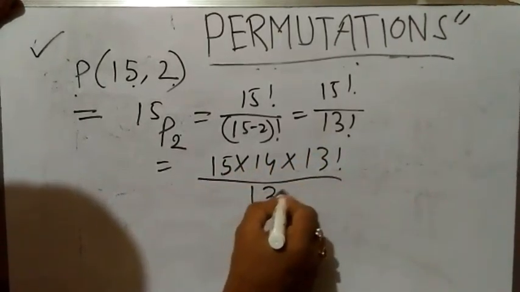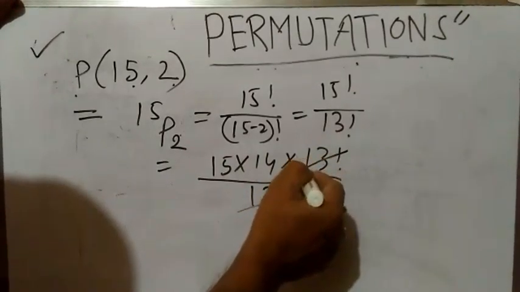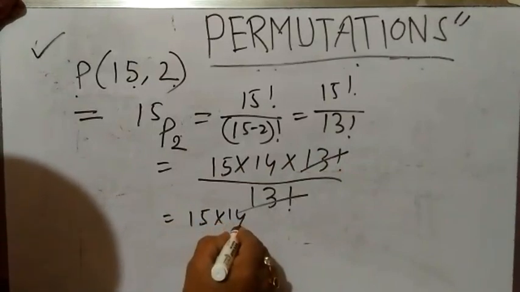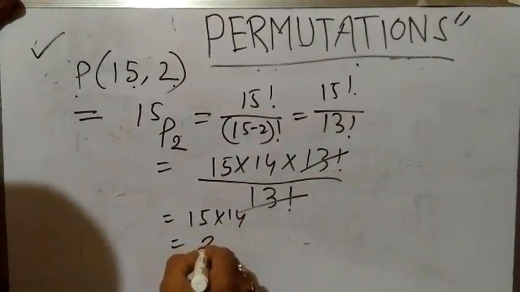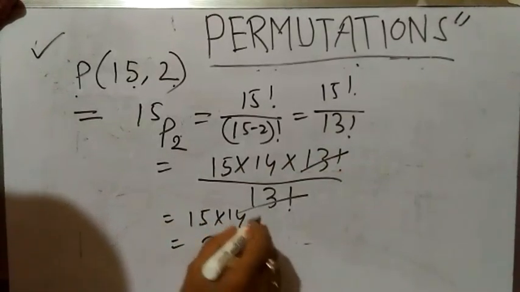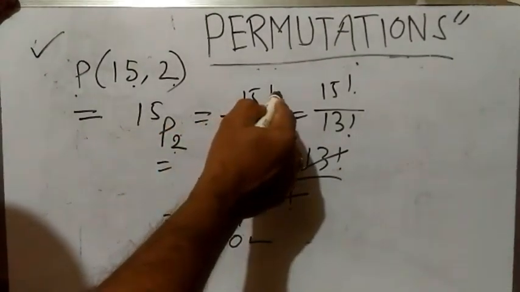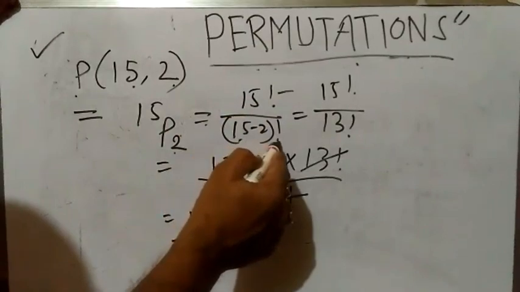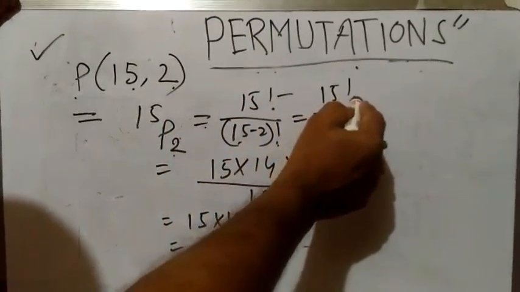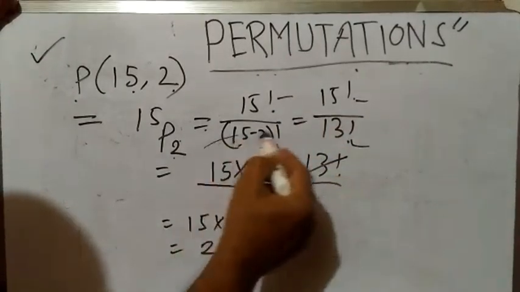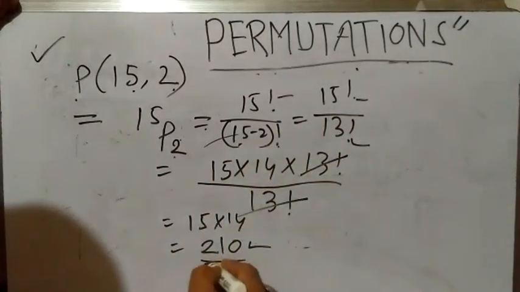In the lower part, 13 factorial cancels. So 15 multiply 14 is 210. So this is the answer.